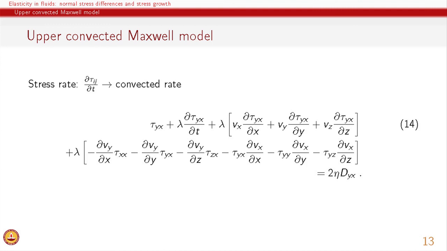However, from a material objectivity point of view, only when we use a convected rate for the stress rate do we get a model which can be used for arbitrarily large deformation, and this model is called the upper convected Maxwell model.